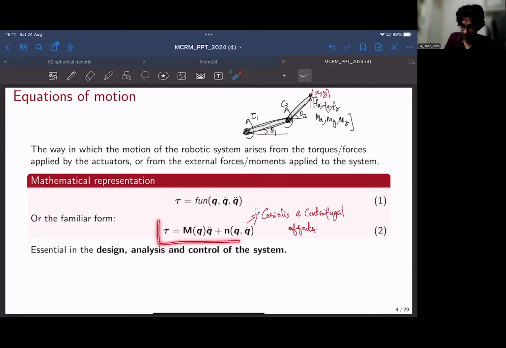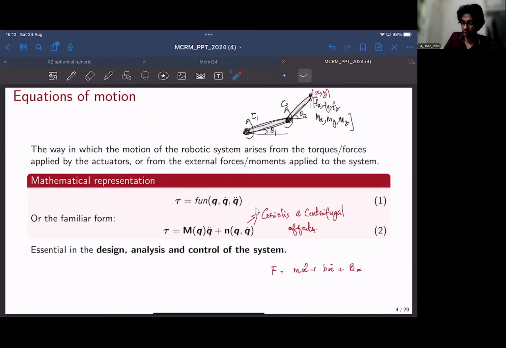Now this is actually very familiar. Even if you take a simple spring, mass, and damper system, it will also have a similar form of equations of motion. For example, for a spring mass damper, the equation of motion can be written as force is mass times acceleration plus some damping coefficient multiplied by velocity, plus the spring constant multiplied by the displacement from the free length. A similar expression you can also find for a robotic manipulator, but in this case, it's not one-dimensional, it's multi-dimensional.